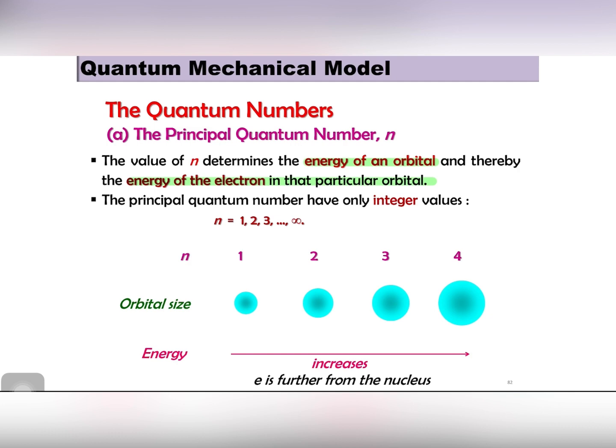And daripada size of orbital tu, bahagian tengah ni adalah dia punya nucleus. Okay, so if the N is bigger, maksudnya electron, contoh for this 4, N equals to 4, dia ada possibility untuk berada jauh daripada nucleus.